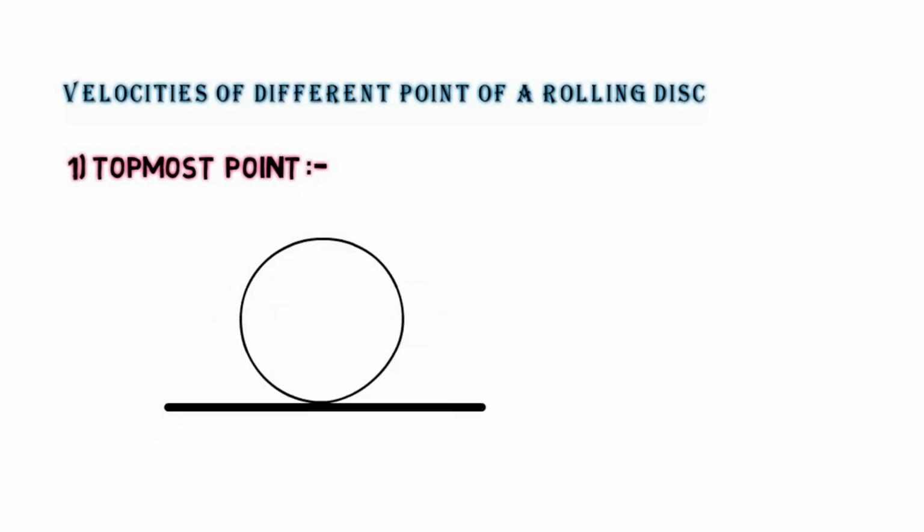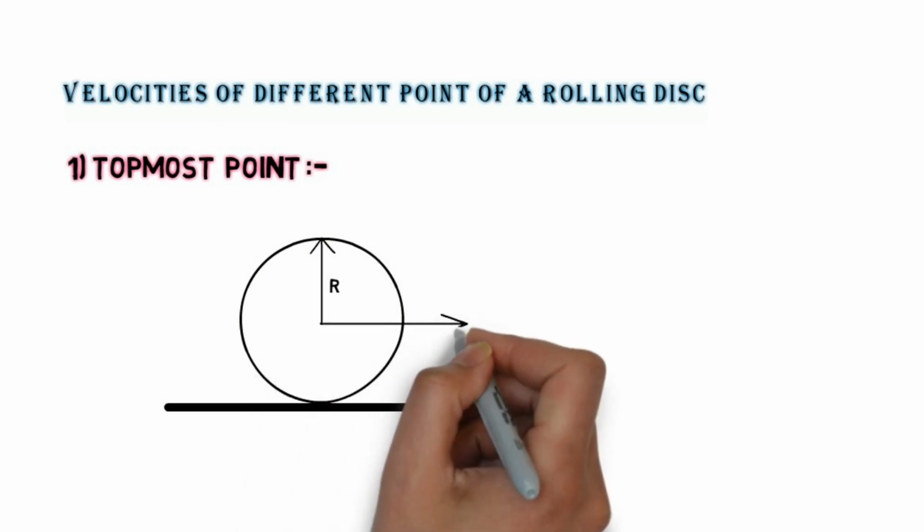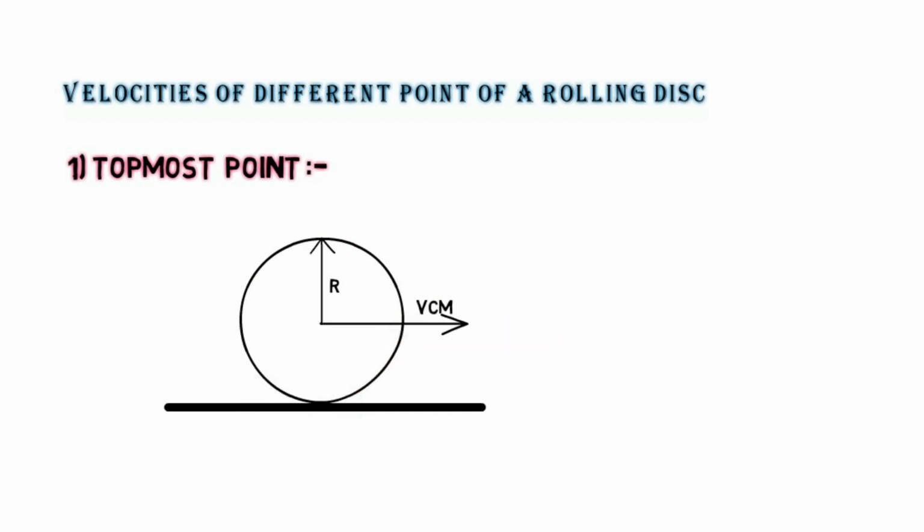So we have to consider again that rotating disc executing pure rolling motion with radius r and velocity of the center of mass VCM, and the angular velocity will be omega.